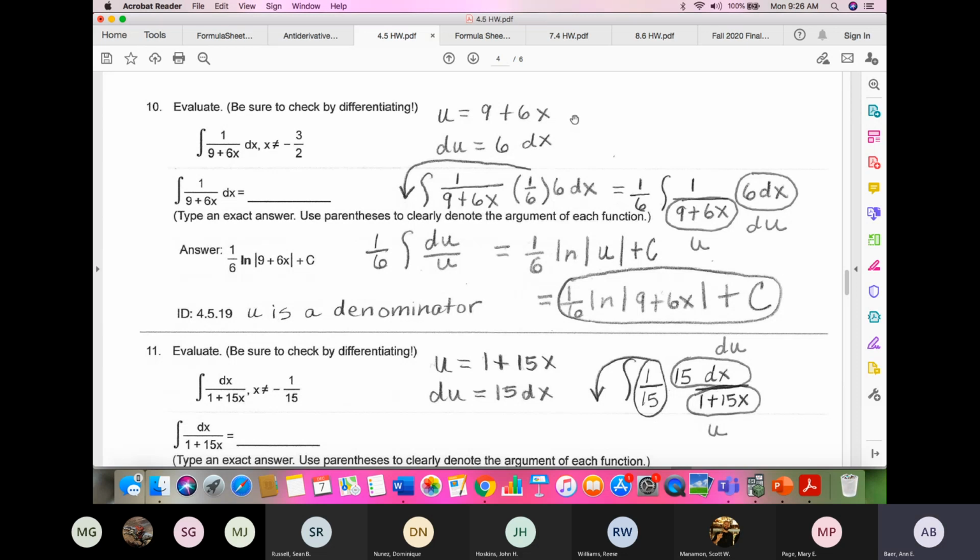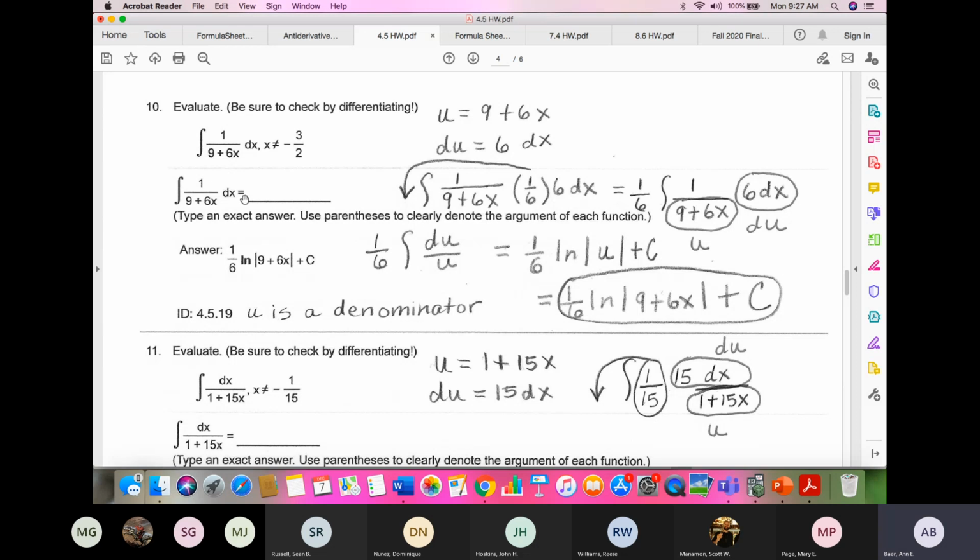So now what do we want to do? We want to convert our integral to u's, in terms of u instead of x. So we have the integral 1 has to stay because it's just a number, divided by, oh, I got a little ahead of myself.